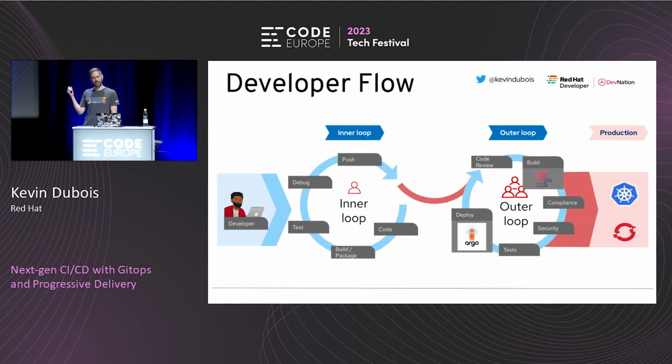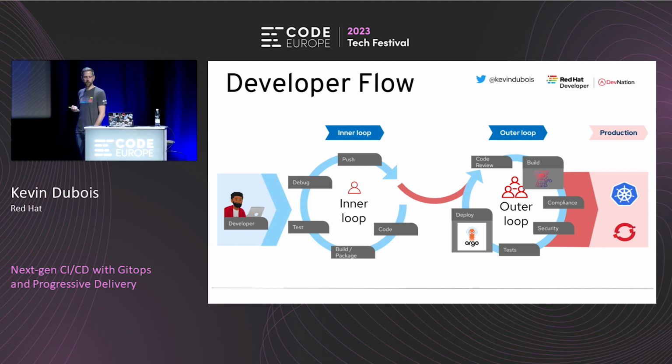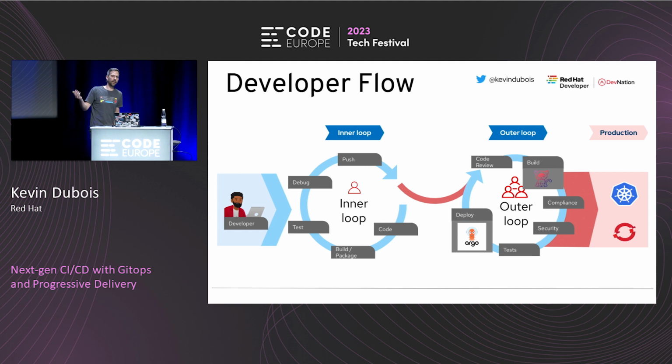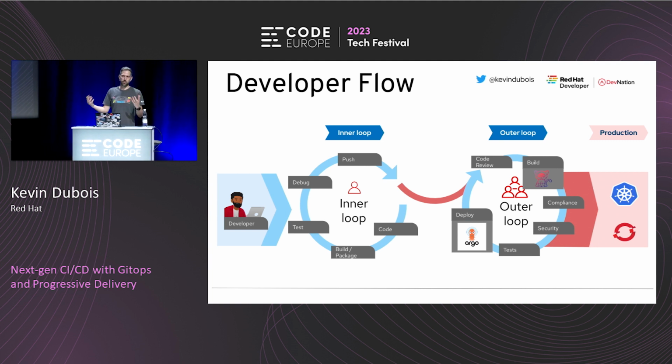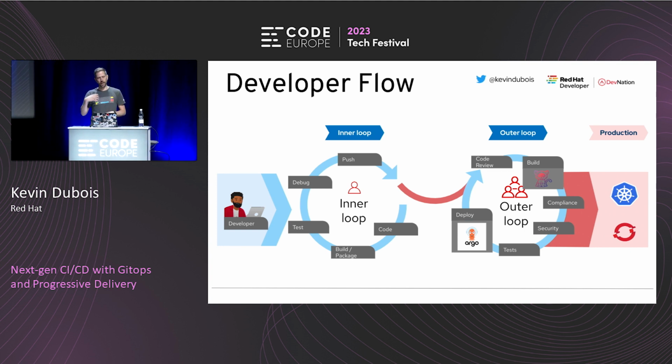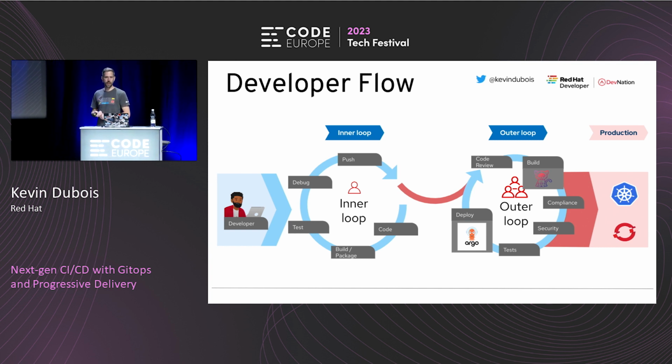I don't know if you've seen this developer flow with the inner loop and the outer loop. Basically, the concept is, and I'm sure you're well familiar with how it works, the inner loop is where you do your code development, your local testing, some debugging, and you might have different cycles of this loop. And then at some point, your code will be in a pretty good state.